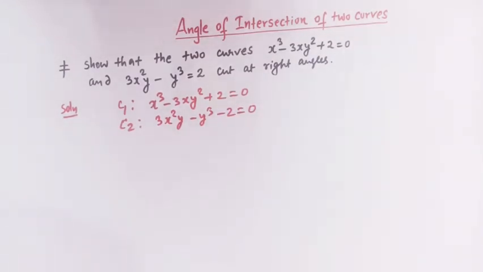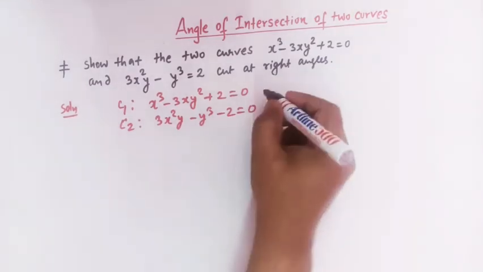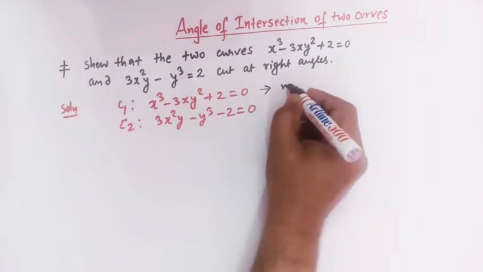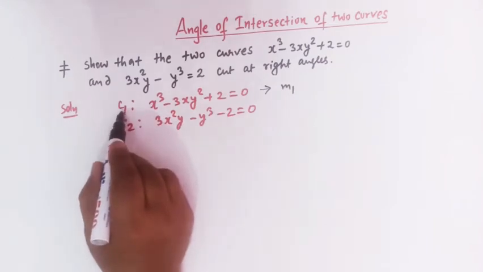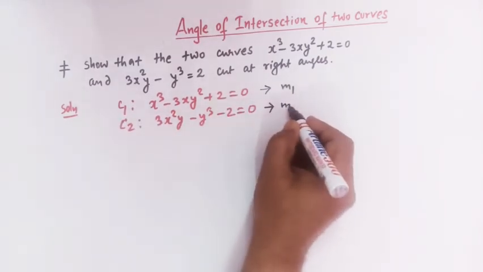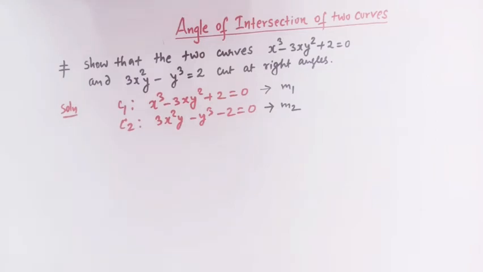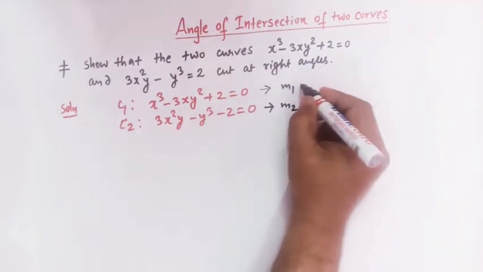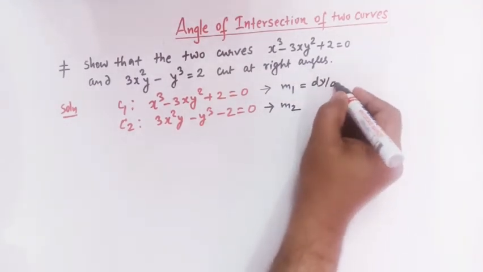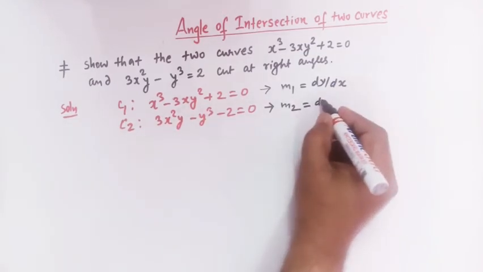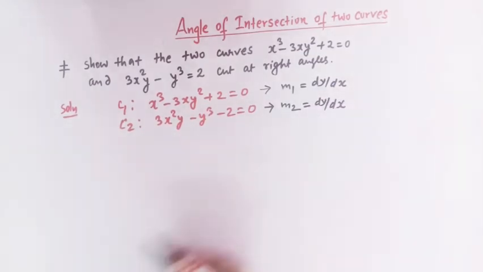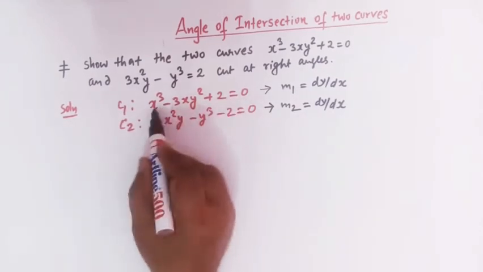Now what we will do, we'll find the slope of the tangent to this curve C1 and the slope of the tangent to this curve C2. So from here we'll find the value of dy over dx, and from here also we'll find dy over dx. So let us differentiate this equation.